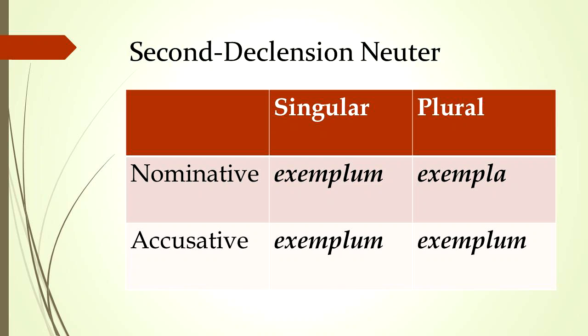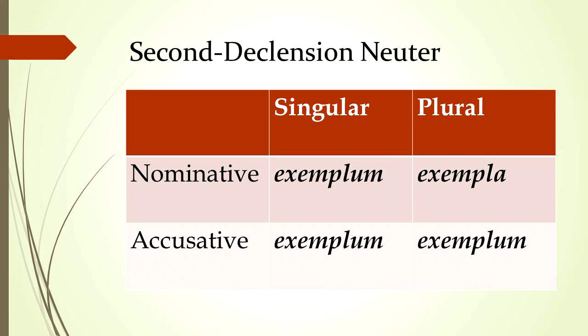So the nominative of this word is not exemplus, but rather exemplum, the same as the accusative. The plural forms look a little strange to us. The nominative plural ending of a neuter noun is always a, and the accusative is the same.